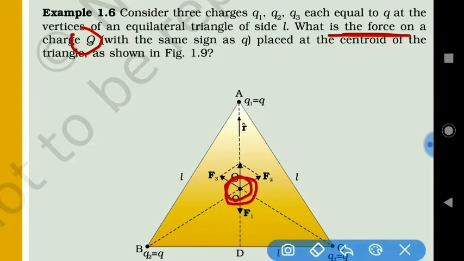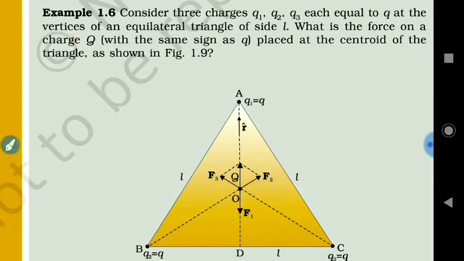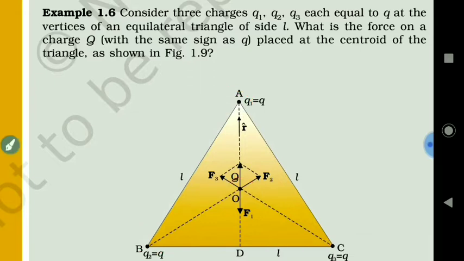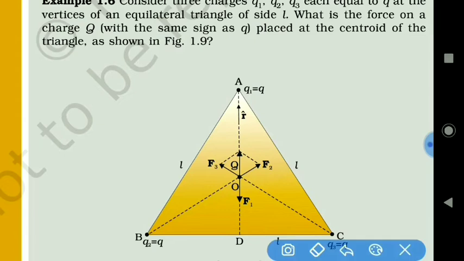Now students, remember that the force on this charged particle Q is due to this charged particle, due to this charged particle, as well as due to this third charged particle. So here we will apply the principle of superposition. We will first find the force acting on this charged particle due to charge Q1.